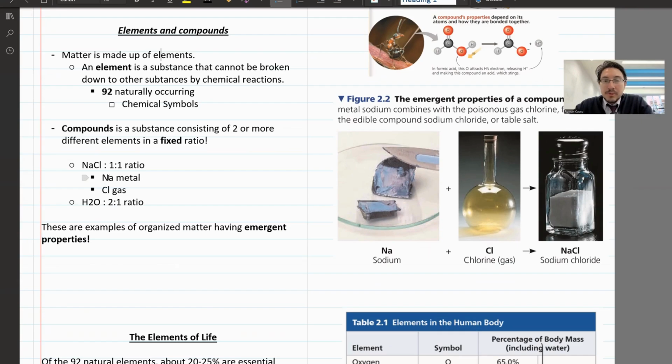Chlorine is a gas in its own form, very poisonous, but when they react together, they create this very stable compound that is safe enough to eat. So whenever you have atoms of a particular element interacting, they can produce new properties or emergent properties, as we talked about in chapter 1.